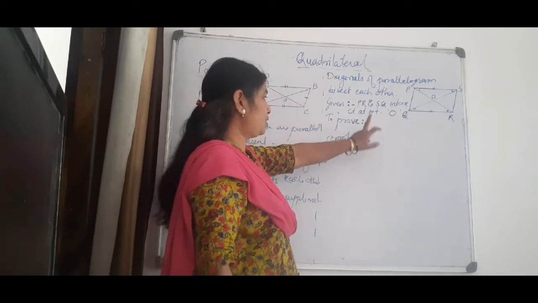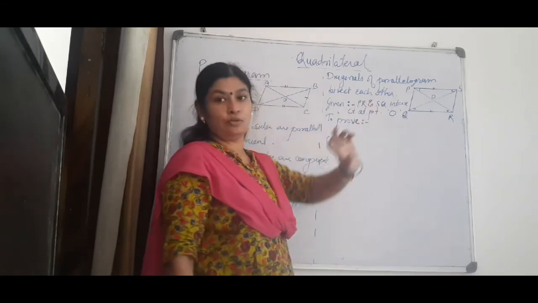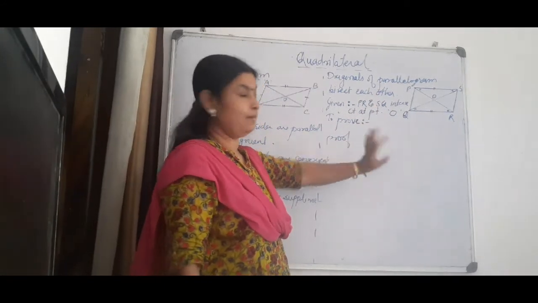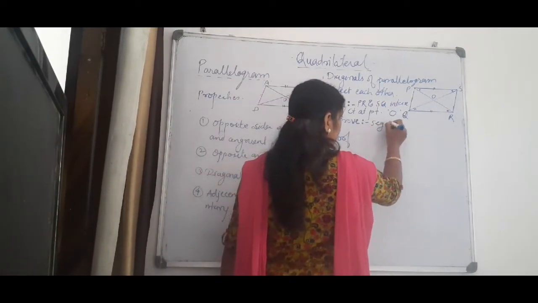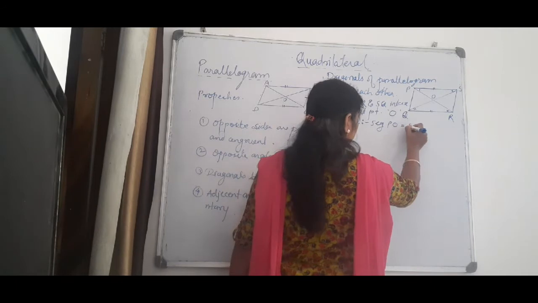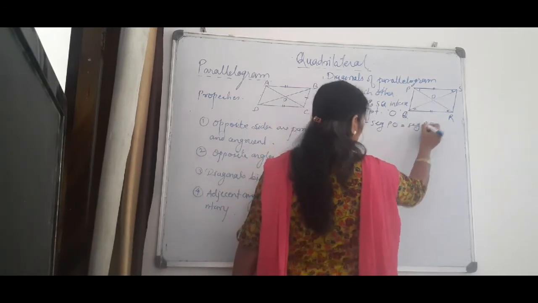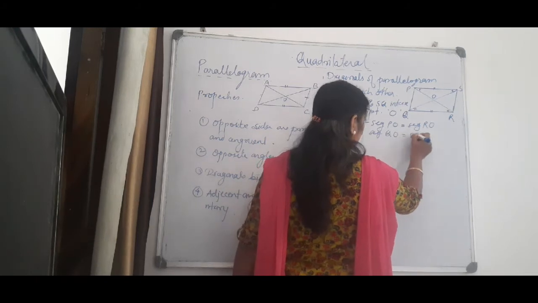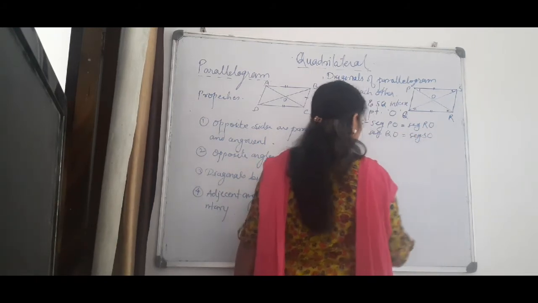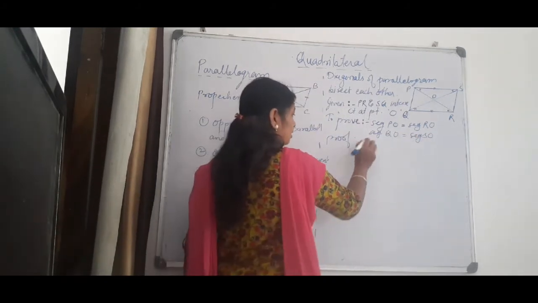Diagonals PR and SQ intersect at point O, and first you have to write down quadrilateral PQRS is a parallelogram. Now what you have to prove? Segment PO is equal to segment RO and segment QO is equal to segment SO. That you have to prove. Now let's start the proof.